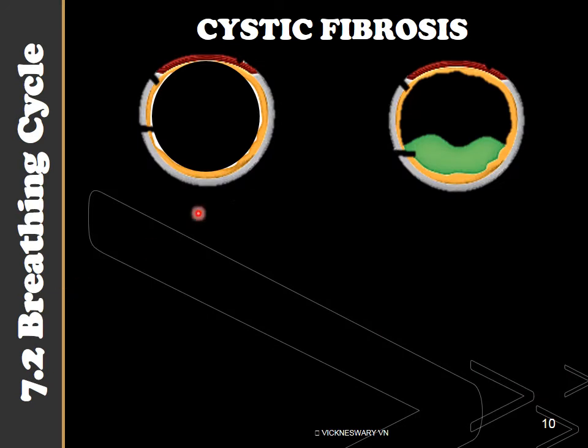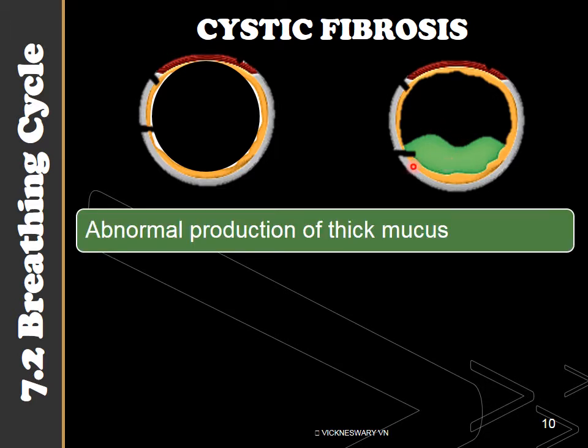Now we look at the final condition known as cystic fibrosis. This diagram shows us the bronchus of a healthy individual, and this is a bronchus of a patient with cystic fibrosis. What you see, the green color here, is actually thick mucus produced by these patients.